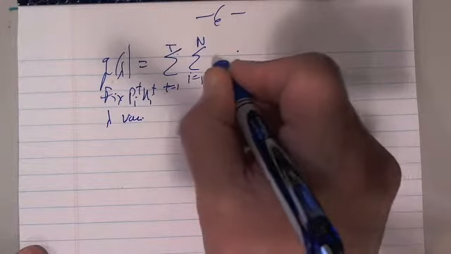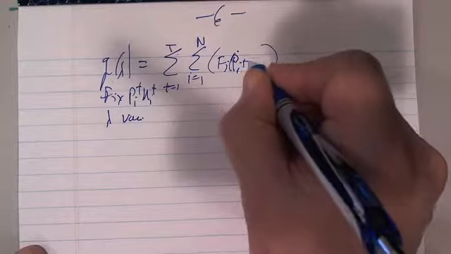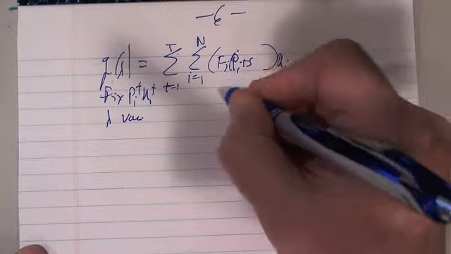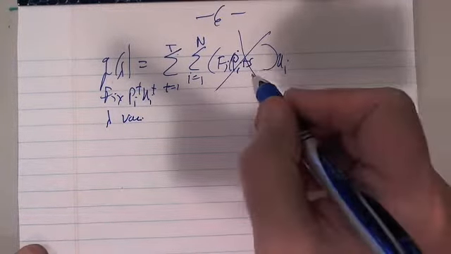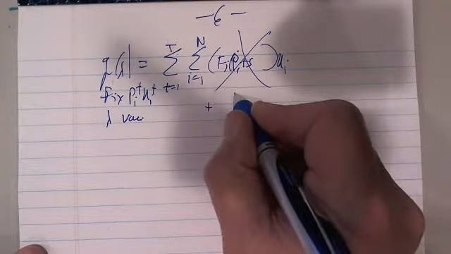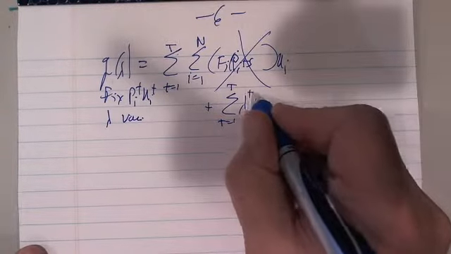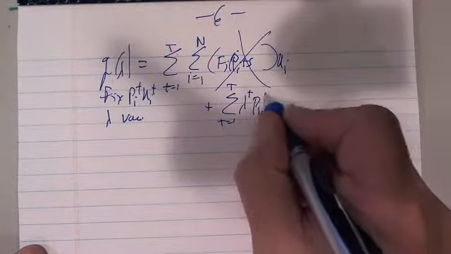I've got this times the F_i of P_i plus the startup U_i. Well, I don't need this term anymore because it's a constant, and I've got plus the sum t equals 1 to T, lambda_t, P load. Well, the load is a constant.